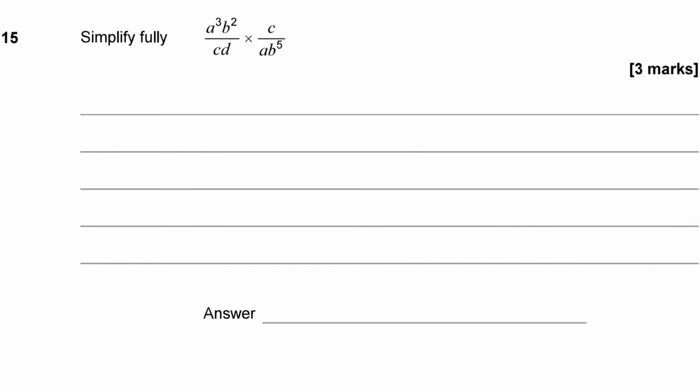Question 15. Simplify fully a cubed b squared over cd times c over ab to the power of 5. What fun. Okay. So when you multiply fractions together, you can multiply numerator times numerator, denominator times denominator. So I can combine these two numerators together into one supernumerator.